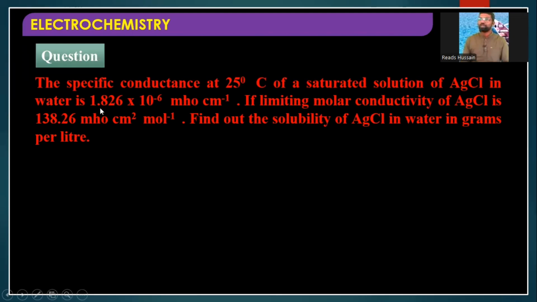That kappa value is given as 1.826 into 10 raised to minus 6 ohm inverse centimeter inverse. The limiting molar conductivity of AgCl, lambda naught, is also given: 138.26 mho centimeter square per mole. Find out the solubility of AgCl.